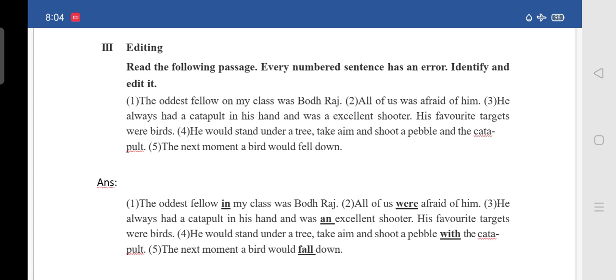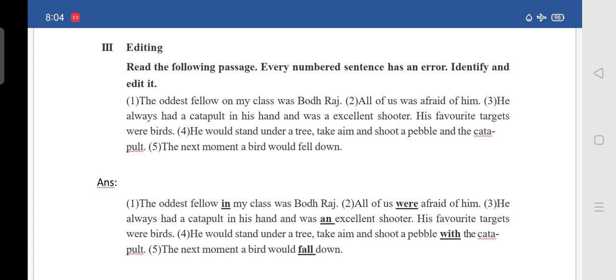In place of was you have to write all of us were afraid of him. He always had a catapult in his hand and was a excellent shooter. In place of a excellent shooter, you have to write an excellent shooter.